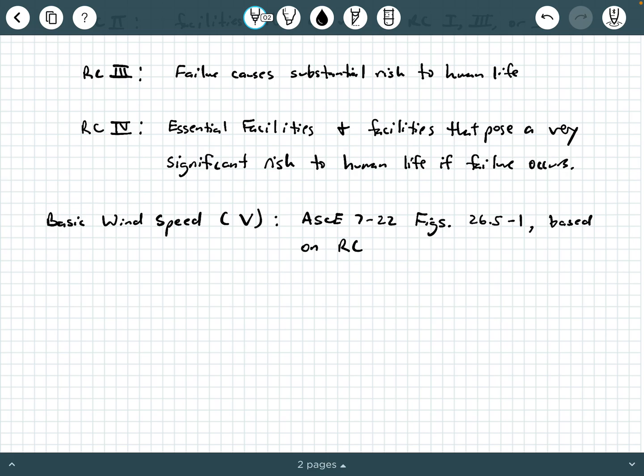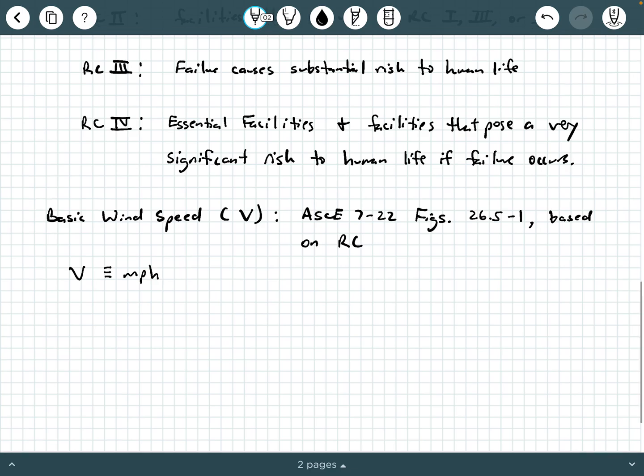Now, the basic wind speed, which is V, it's got units of miles per hour, and then it also has a metric equivalent in parentheses there in meters per second. So if you need the metric units there, they're in parentheses next to the value in miles per hour directly in those maps, all right?